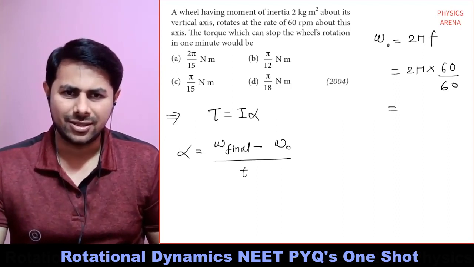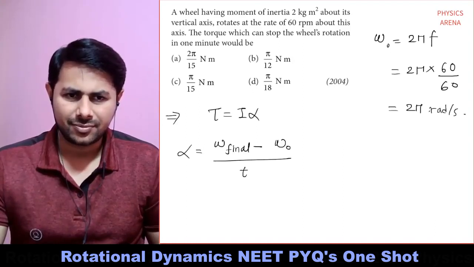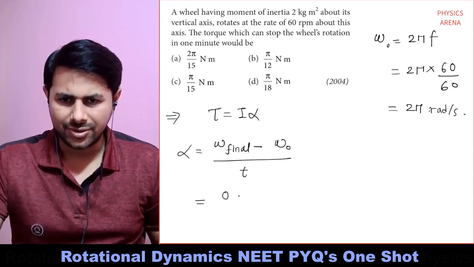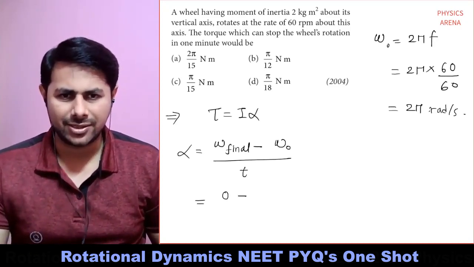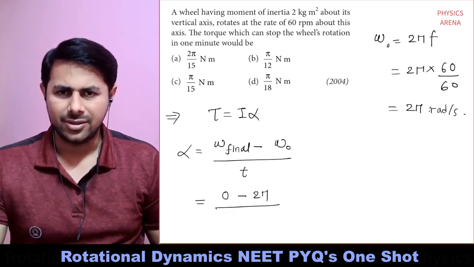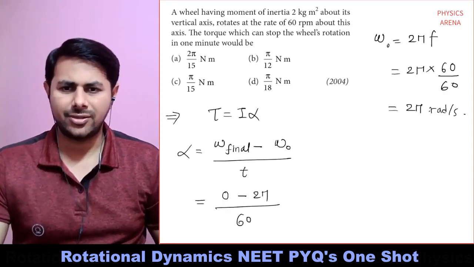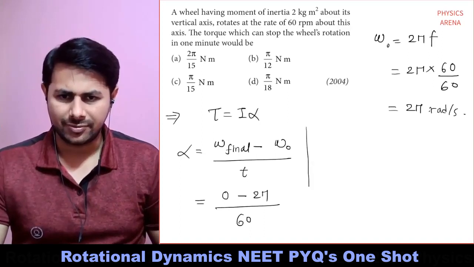So it is 2 pi radians per second. Omega final is 0, since it is stopping. So omega final 0 minus 2 pi, divided by time. How much is time? 1 minute, meaning 60 seconds. So it is minus 2 pi upon 60, or you can say pi upon 30.